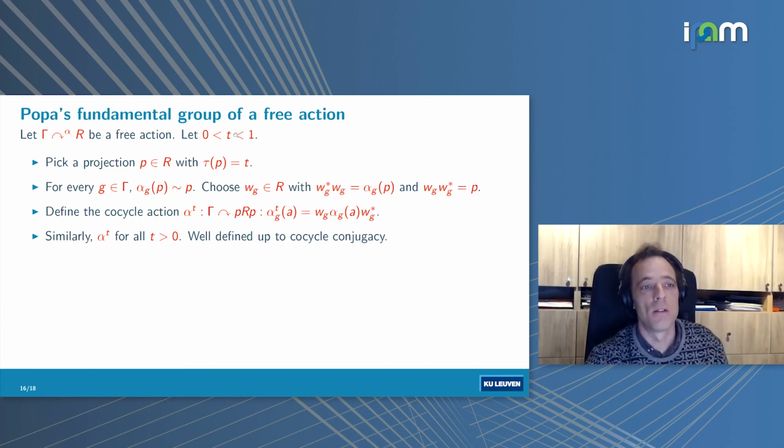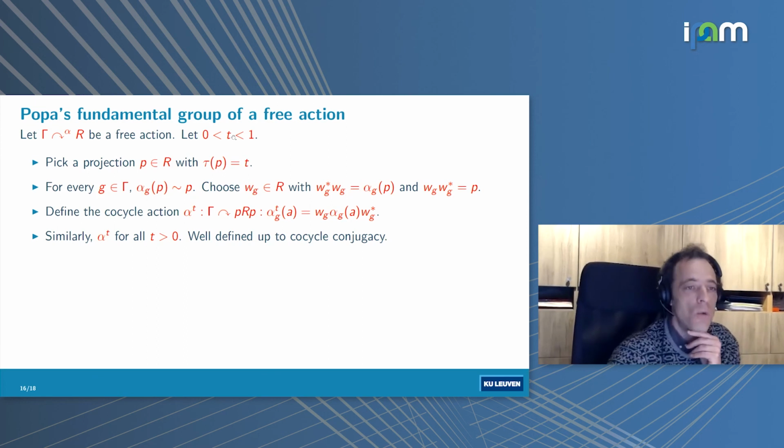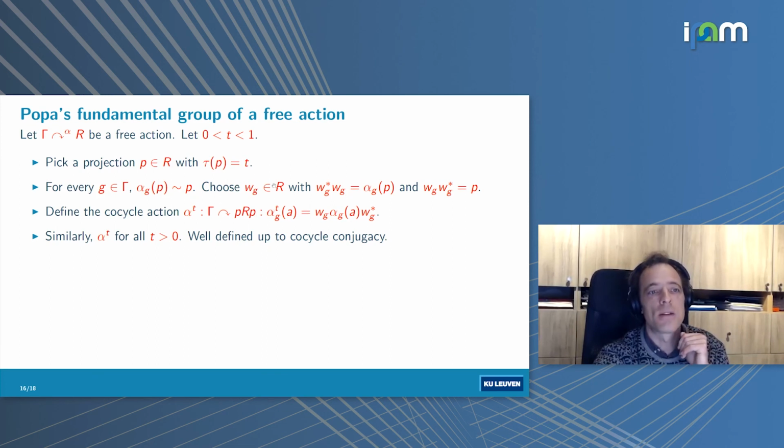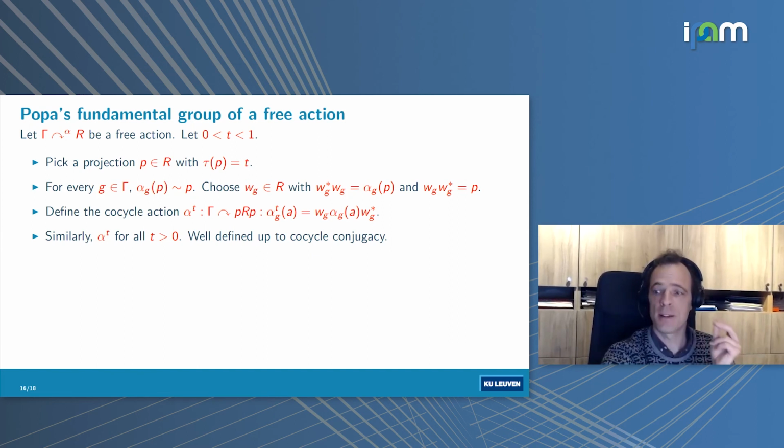And I introduced it here for t between 0 and 1. You can actually do it for all positive t. And there are choices being made in the story, but a little bit of bookkeeping will show you that it's really well defined up to co-cycle conjugacy. So for every t, I get a co-cycle action alpha_t.